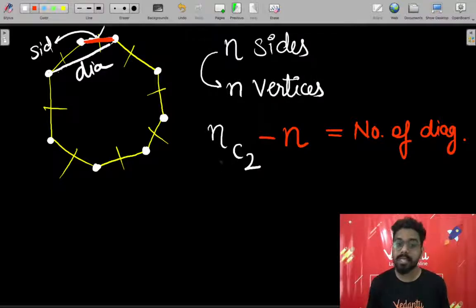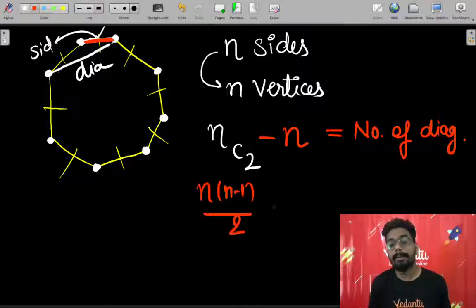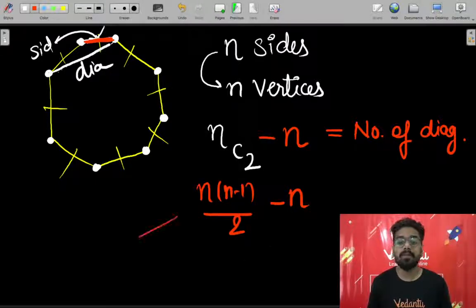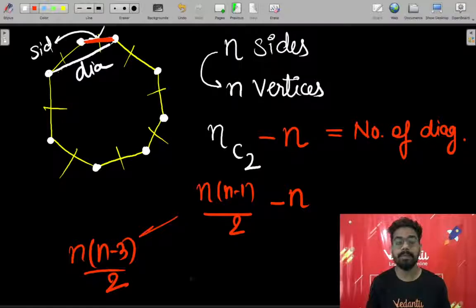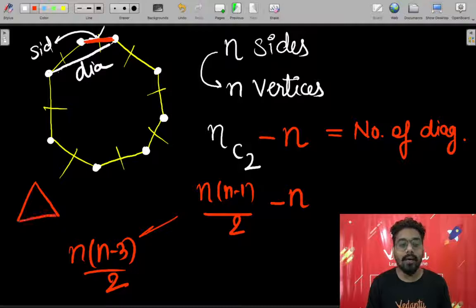And when you solve this, as we have said, nC2 is n into n minus 1 by 2, minus n. And when you solve this, you will get n into n minus 3 by 2. तो यहां से हम number of diagonals count कर सकते हैं for any polygon. Now let's suppose there is a triangle. A triangle does not have any kind of diagonal because to draw a diagonal we need at least 4 points.